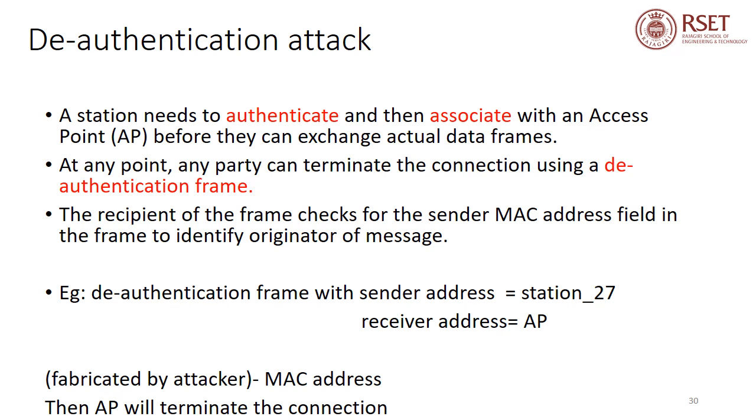So the access point, when it receives this de-authentication frame, looks at the MAC address, understands that it is the address of station_27, and thinks that the corresponding station wants to terminate the connection, and the AP will terminate the connection. But the actual station_27 will have no idea that the connection between itself and the access point has been terminated by someone else. Such an attack is known as spoofing of de-authentication frames.